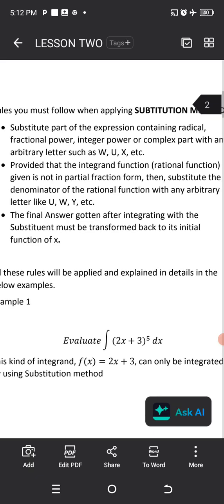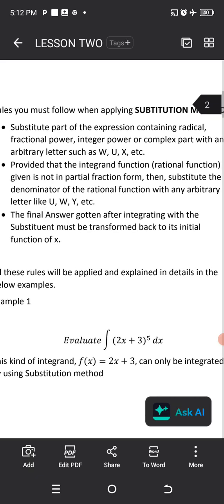Once you determine that it's not partial fraction, you apply the substitution method directly. Actually, in partial fraction too, you are still going to apply the substitution method, but there are some things you need to do. You need to solve the integral question in partial fraction format before applying the substitution method.